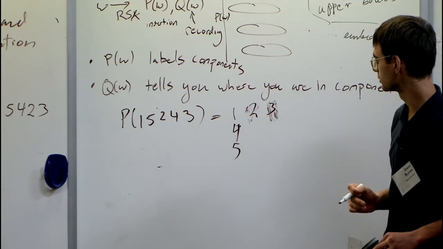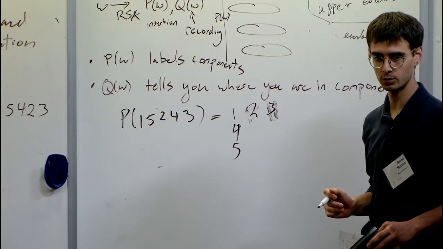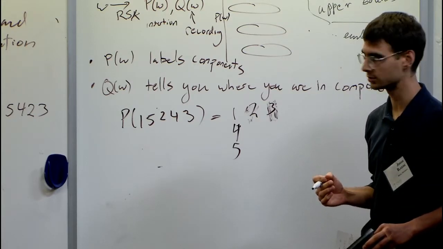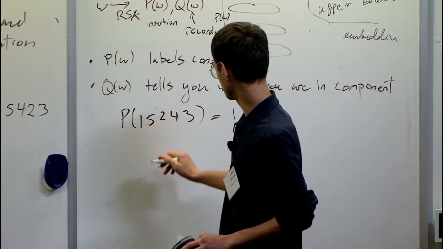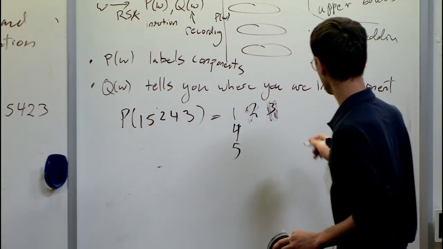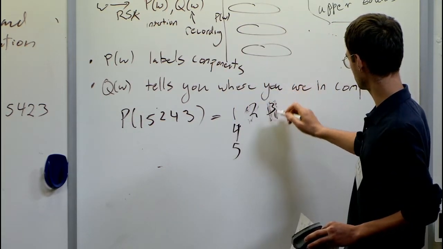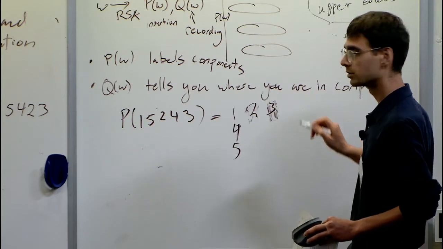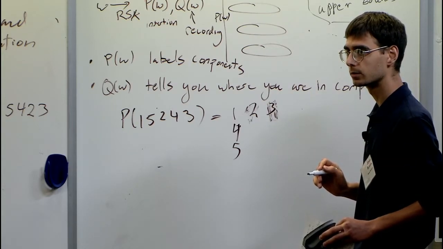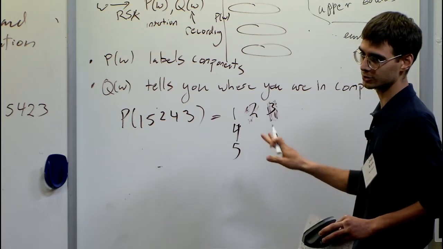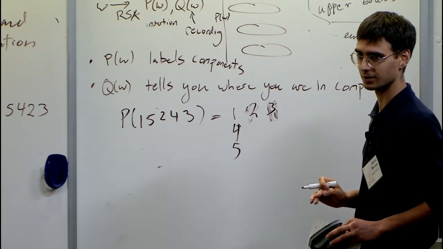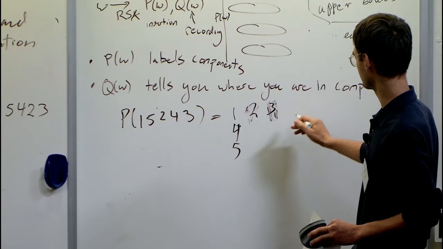So how does this implement some Knuth equivalence relations? You didn't do Q. I didn't do Q, I'm just talking about P right now.